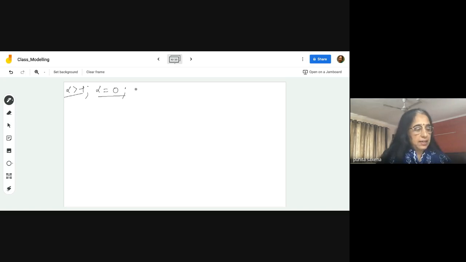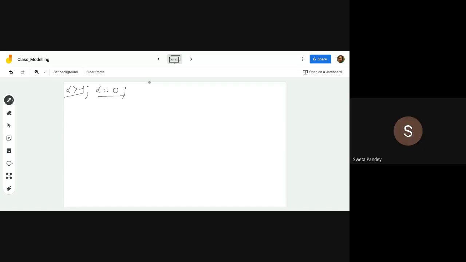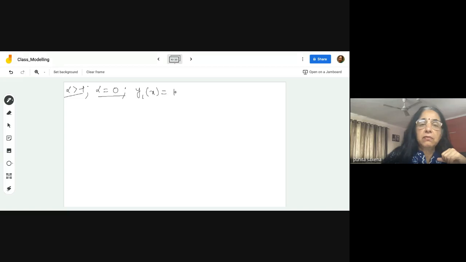What happens to y1(x) when alpha is 0? y1(x) is 1.